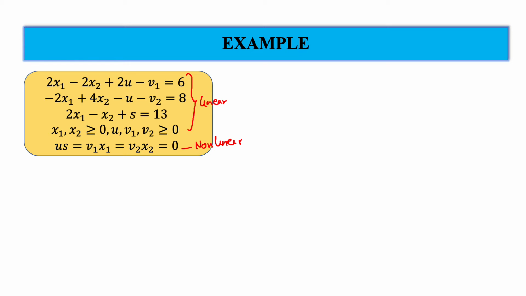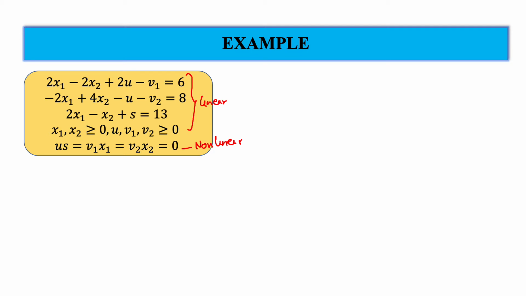So how do we solve this problem? Except for these conditions, the constraints are linear, and the conditions v1 x1 equals v2 x2 equals 0 make this problem non-linear. Now how do we apply the simplex algorithm? We first need the objective function, and variables having an identity in our first step.